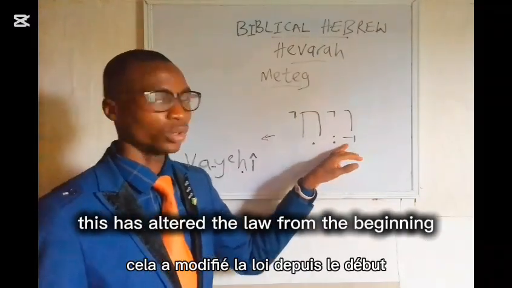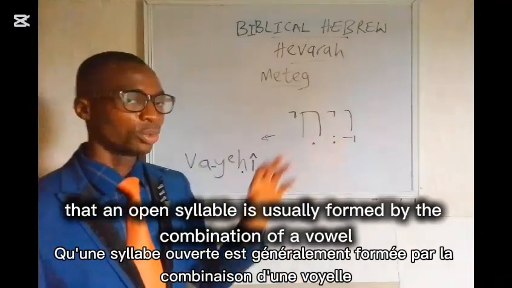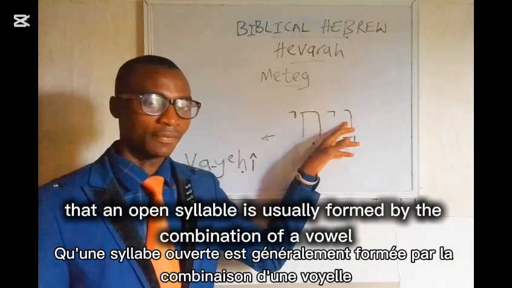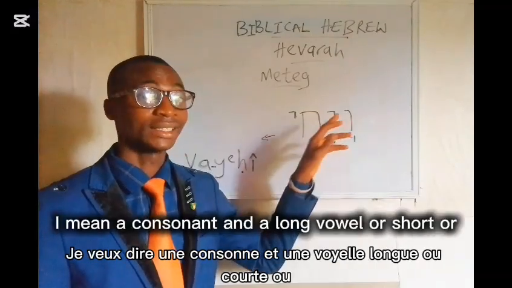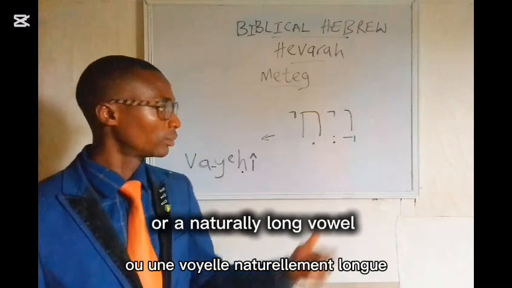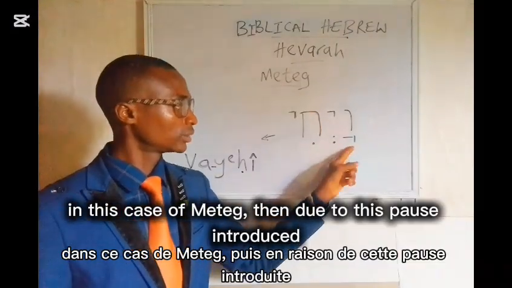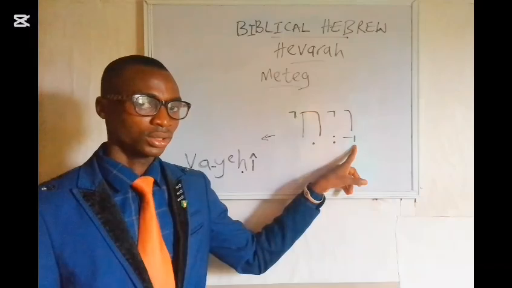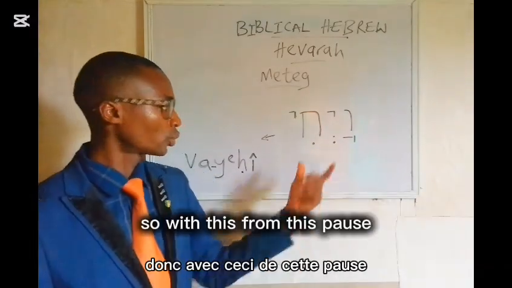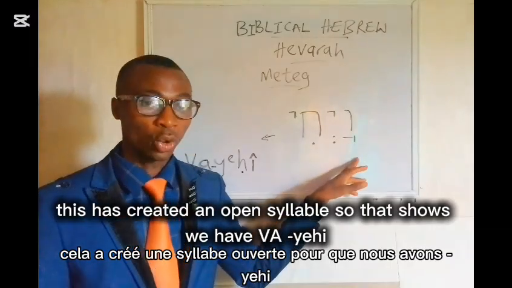This has altered the law from the beginning, that an open syllable is usually formed by the combination of a consonant and a long vowel or a naturally long vowel. But in this case of meteg, due to the pause introduced, because meteg introduces a pause in the course of reading, this has created an open syllable.